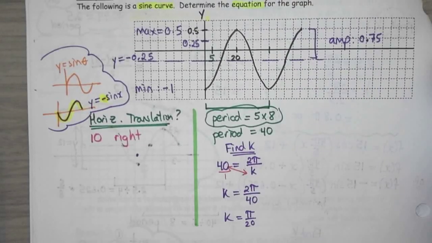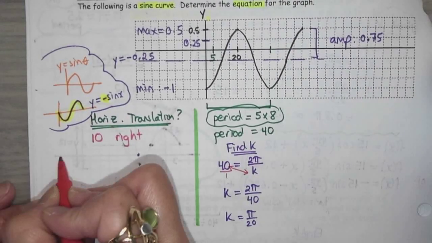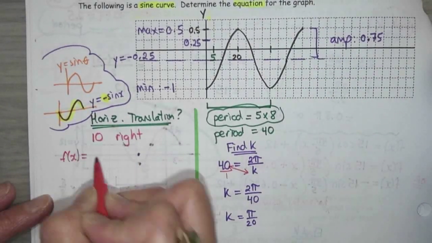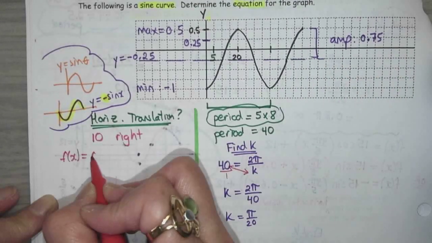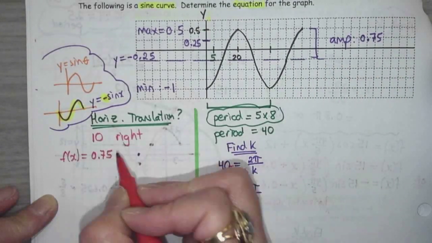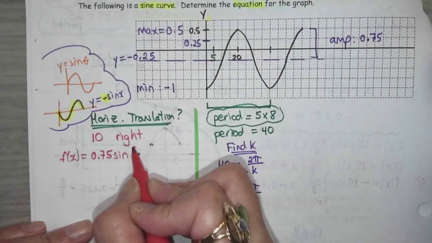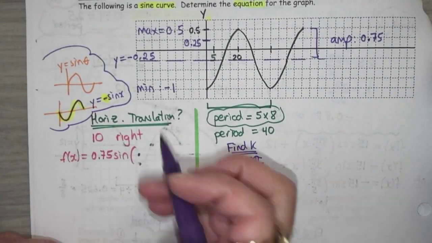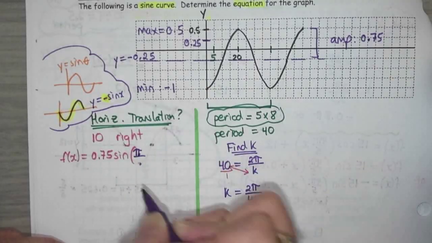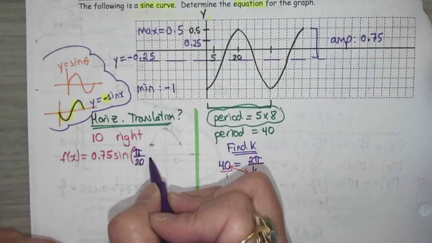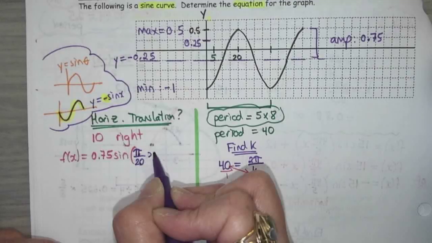So if I say 10 right, my equation would be f of x equals, my amplitude is 0.75. I'm using sine, right? My k is right here, so it's going to be pi over 20 x, right?